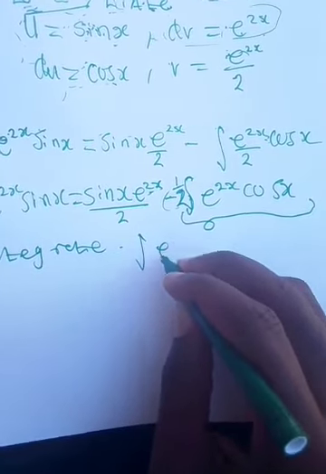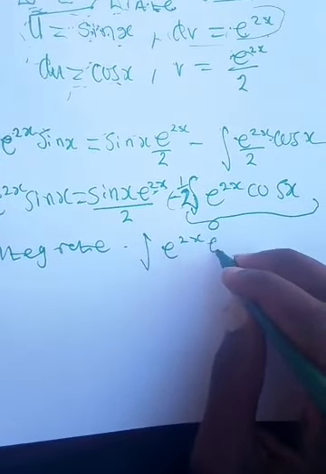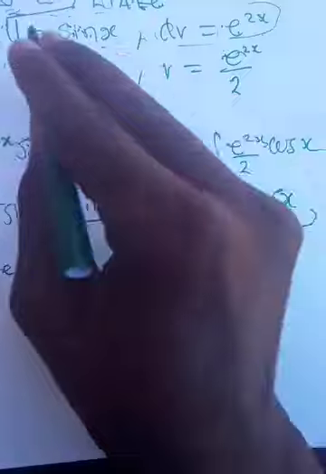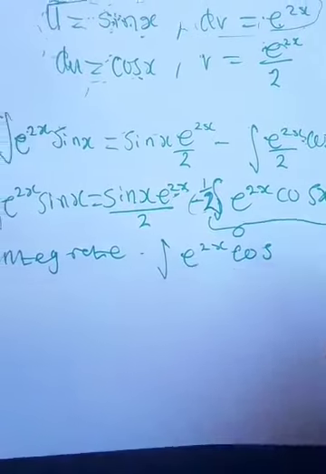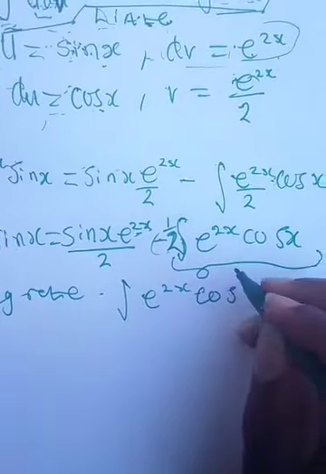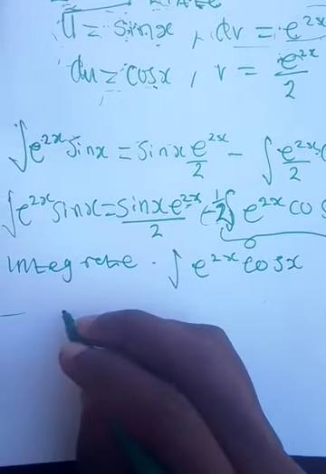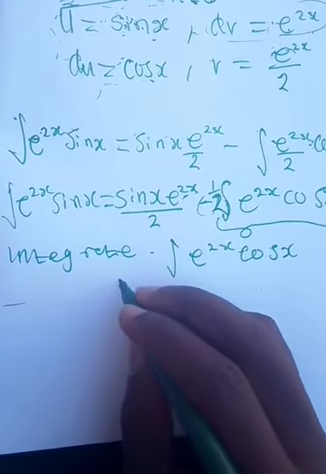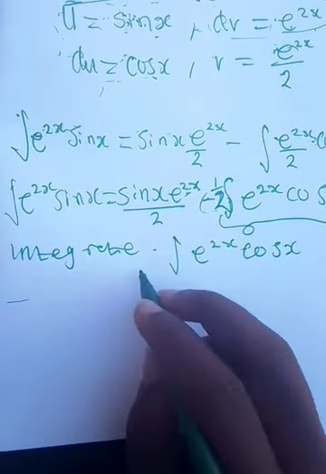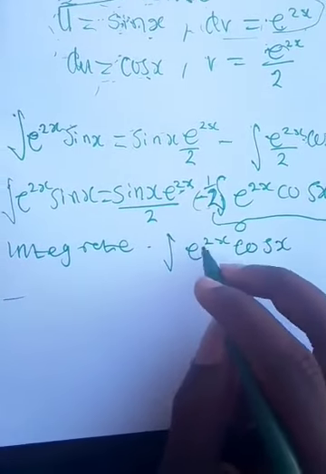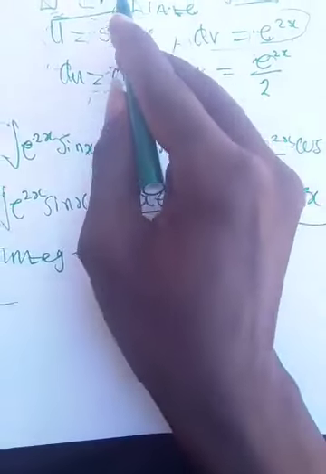So we're going to integrate again by using the same formula, but for this one, okay? What I was saying is that I'm going to now integrate this one. Then after integrating, whatever I get by using this formula, I'm going to substitute back here.